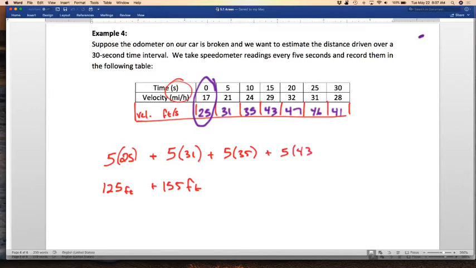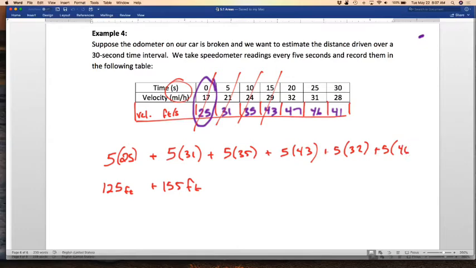but I have to be careful not to use too many. So, for instance, here I've traveled for 30 seconds. Here's my first 5, second, third, fourth. Okay. The next 5 is at 32. The next 5 is at 46. Now, notice what I have here.